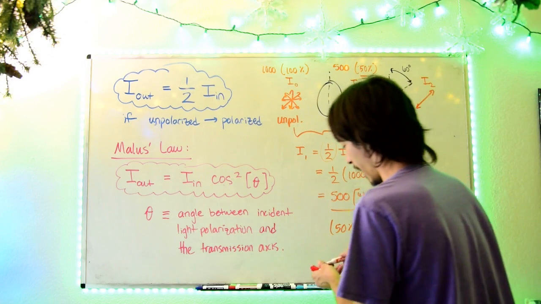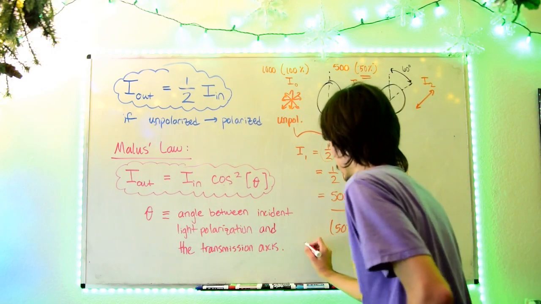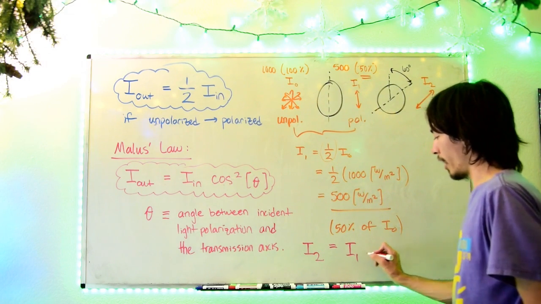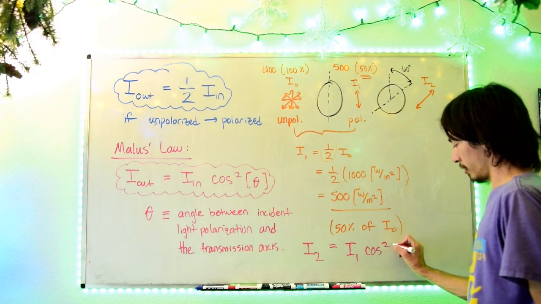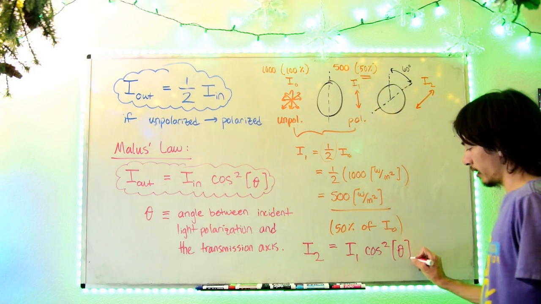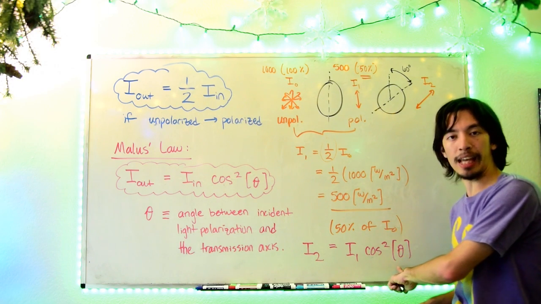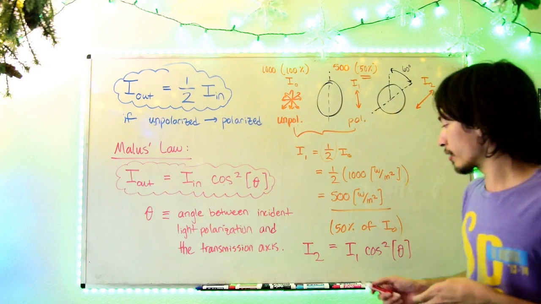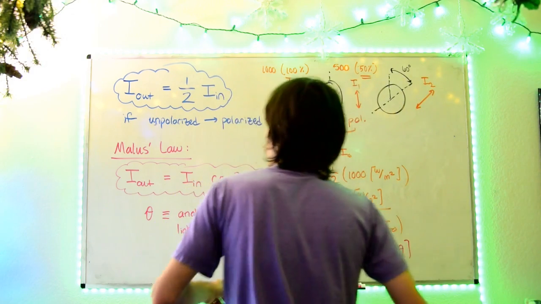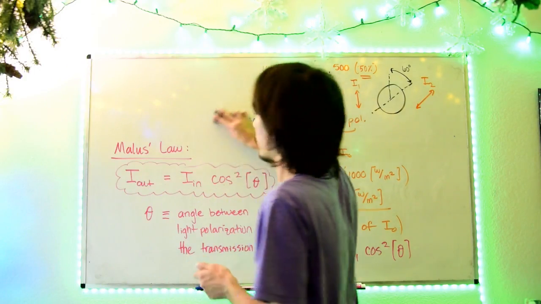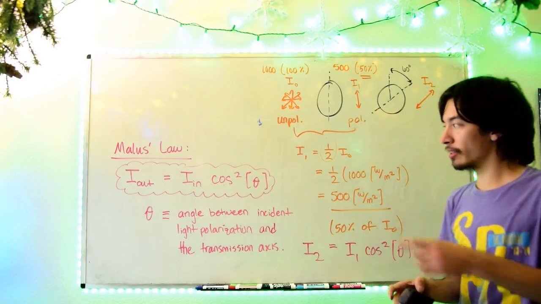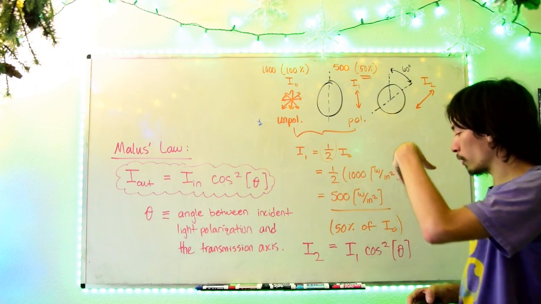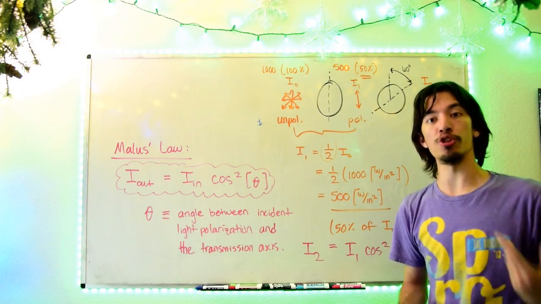So what we're going to say is that I2 equals I1 cosine squared of theta, and we'll plug in the angle of 60 degrees into here. Now, again, there's two ways you can look at it. You can either calculate the intensity of that light, like we did here, which was 500 watts per square meter, or you can find a ratio, which is your percentage.